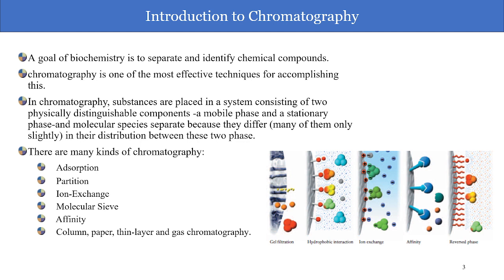On the basis of how we separate them, we categorize the types of chromatography: adsorption chromatography, partition chromatography, ion exchange chromatography, molecular sieve chromatography, affinity chromatography, and then we have column, paper, thin layer and gas chromatography.